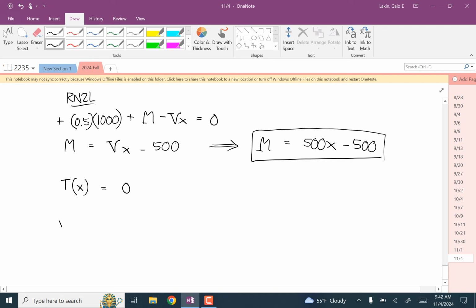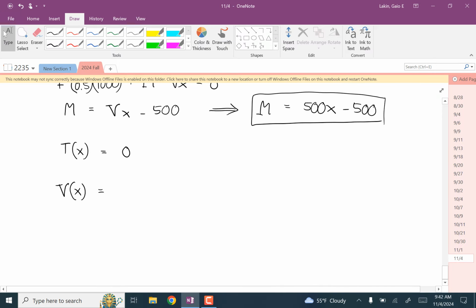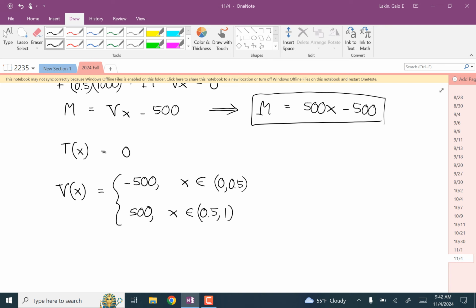But v was negative 500 for the x values between 0 and 0.5, and positive 500 for x values between 0.5 and 1. Is everyone following me on that?